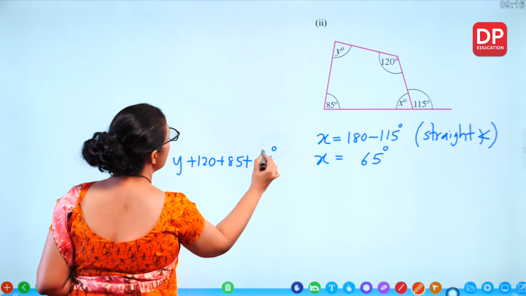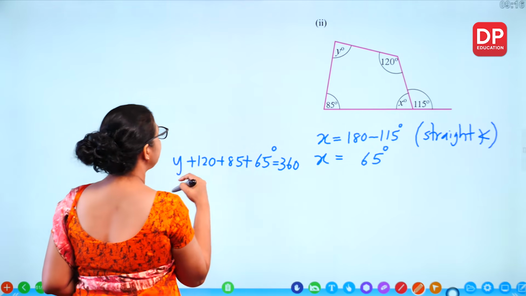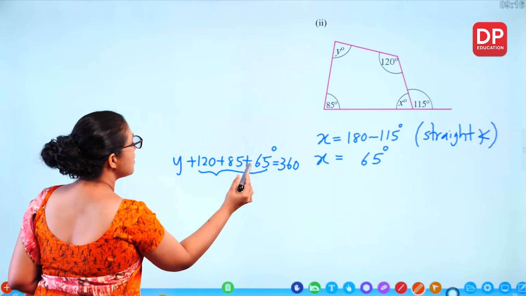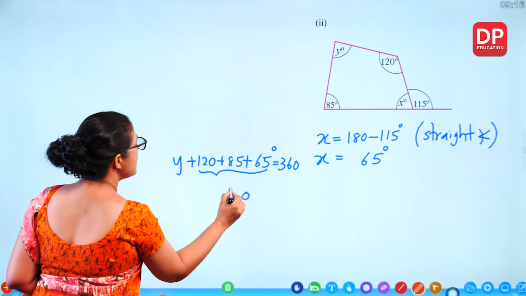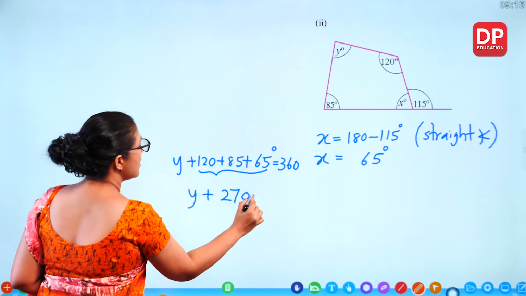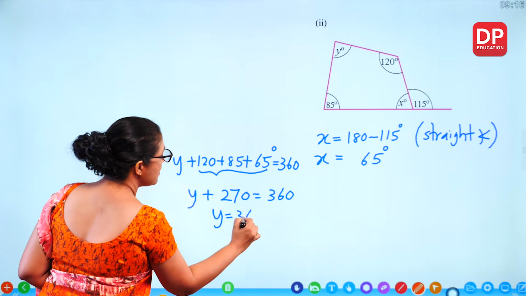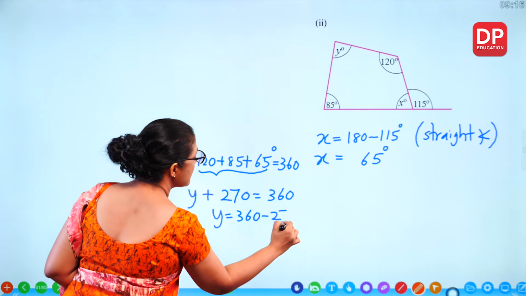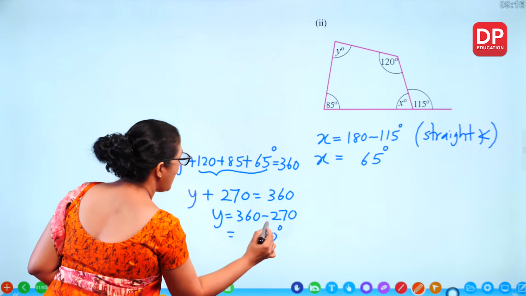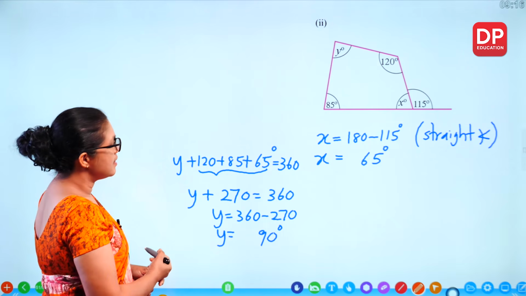X is 65. That's equal to 360. These three, you get 270. Now subtract 270 from 360. You get 90 degrees. So y equals 90 degrees.